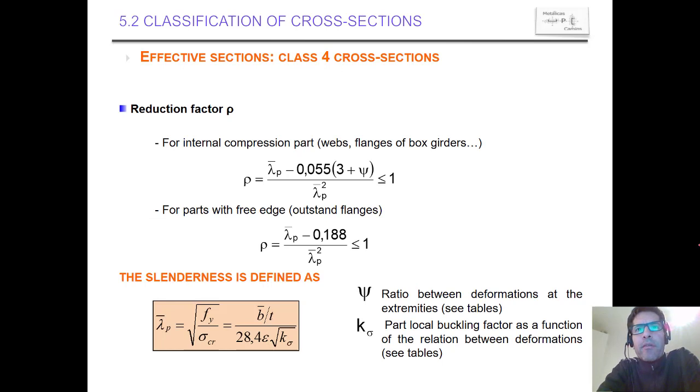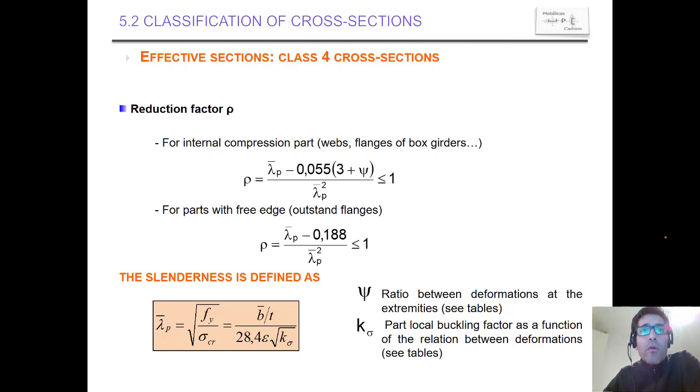With this basis, in Eurocode 3, the definition of rho is presented in this way. The reduction factor rho was adapted statistically and improved from the Winter and von Karman expressions.